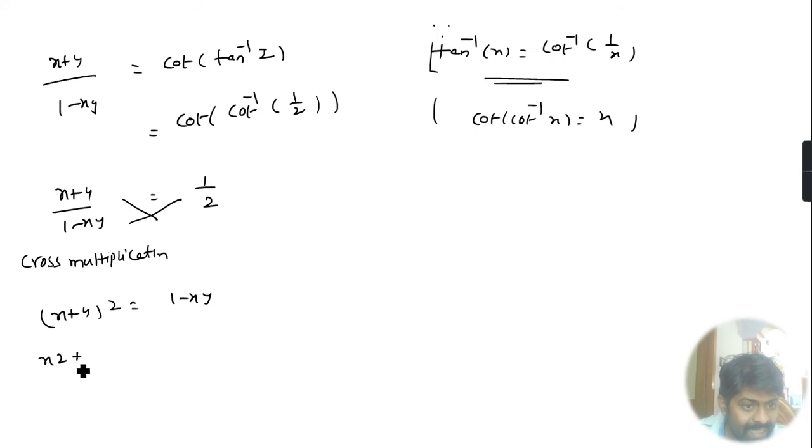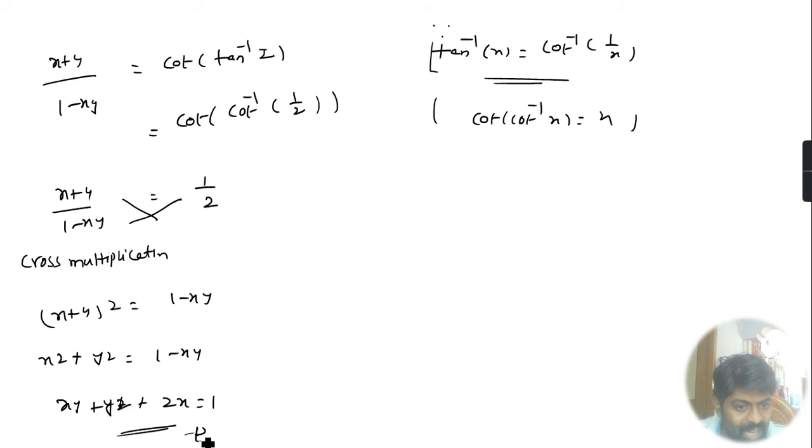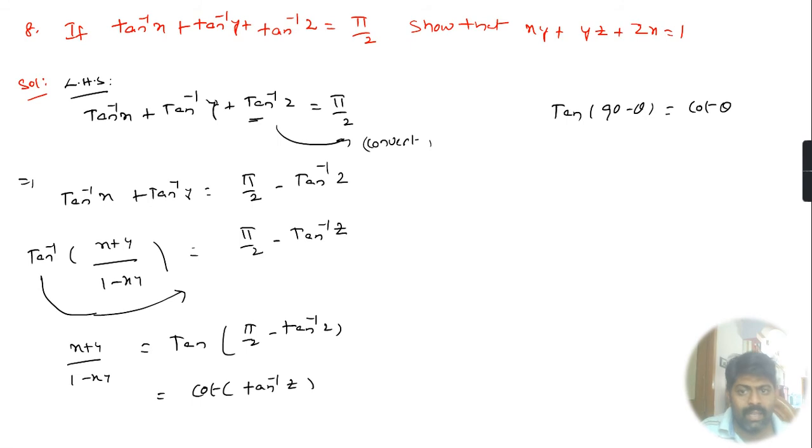We get xz plus yz is equal to 1 minus xy. So from that, xy plus yz plus zx is equal to 1, which is equal to the RHS. So finally we have proved that xy plus yz plus zx is equal to 1.